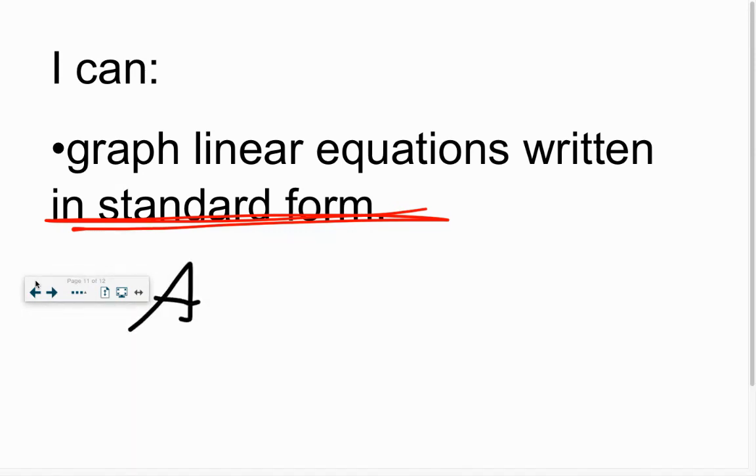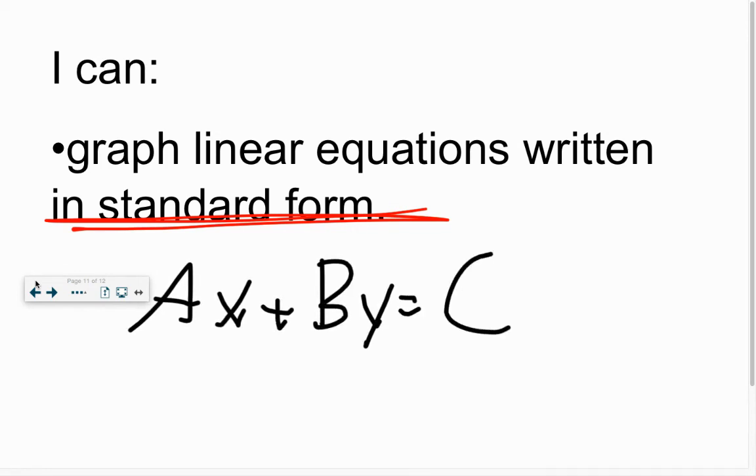And if you wanted to see it again, big A, little x, plus big B, little y equals big C. When you see it this way, you plug in a 0 and solve, then plug a 0 in for the other one, and make sure you graph your intercepts at the correct one. X-intercept on the x-axis, and the y-intercept when x equals 0, going up and down vertically.